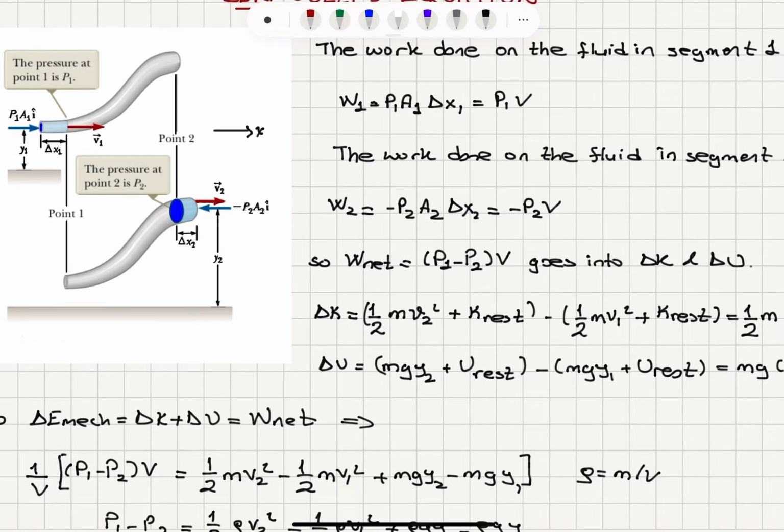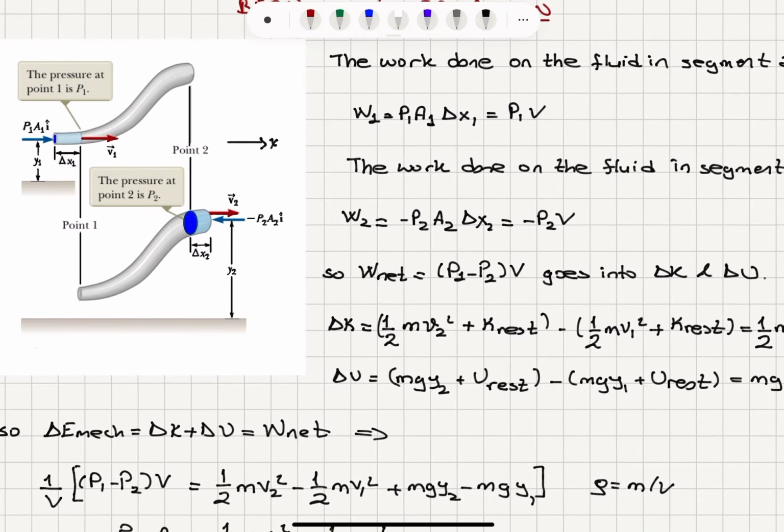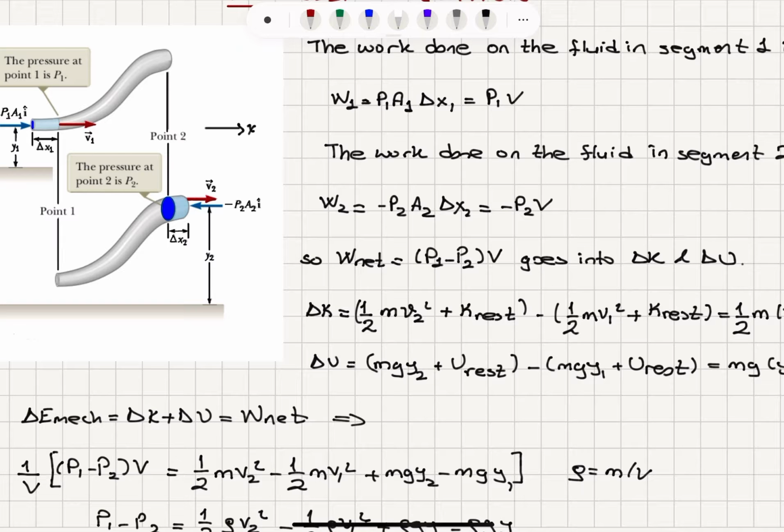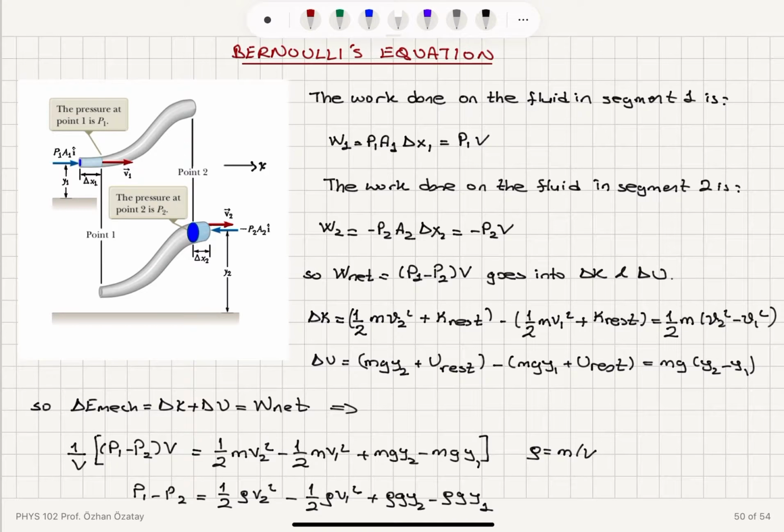If we consider the total mass of the fluid particles in the section that are moving with tangential velocity v2, 1/2 m v2 squared will be the kinetic energy, and then there will be the kinetic energy of the rest of the fluid particles, minus 1/2 m v1 squared for the particles that are entering the pipe, and the kinetic energy of the rest of the particles. So the change in kinetic energy is 1/2 m (v2 squared minus v1 squared).